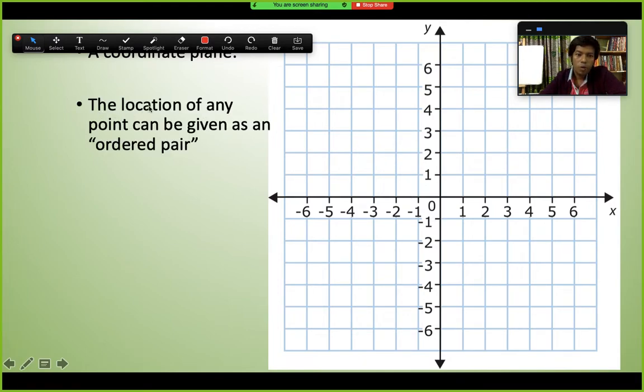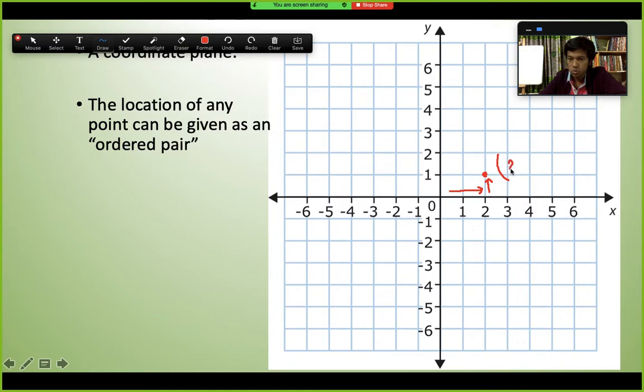So the location of any point can be given as an ordered pair. Ordered pair means two values. Let me write it here. Suppose I go to this point. In the x direction I go 2 units, and then in the y direction I go 1 unit, one box, as you can see.